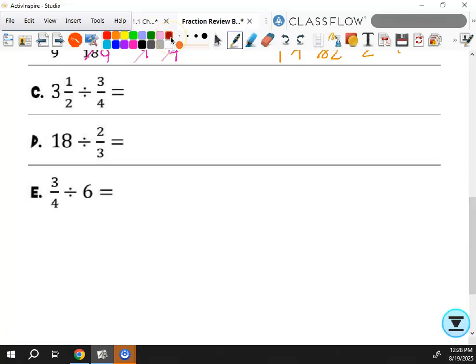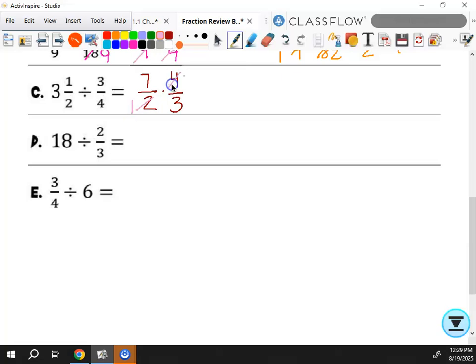So I'm going to start by changing this to an improper fraction. So 3.5 would be what as an improper fraction? 7/2. Then I'm going to change to multiplication and make that 4/3. Nothing wrong with multiplying straight across right here, but I can reduce, which makes my life easier.